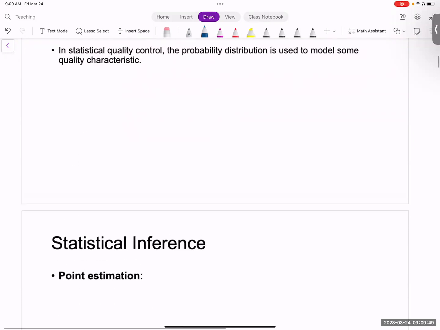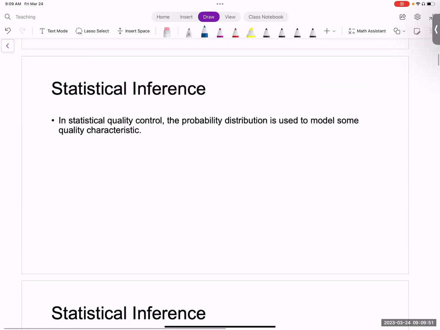And to give you a little bit of background here, we talked about in chapter number 2 that we need statistical methods to model the variability in the data. And now in chapter number 3, we take it to the next step. Now we know how to model the variability in the data. And now let's talk about the quality characteristic, which usually follows some type of a probability distribution.